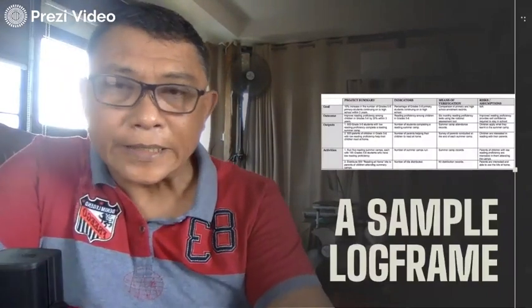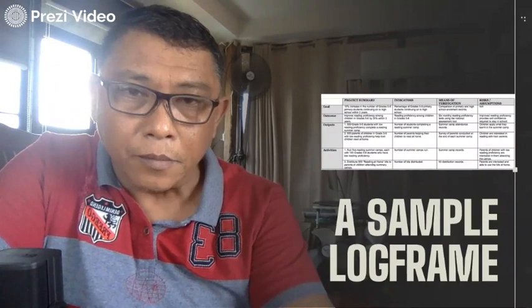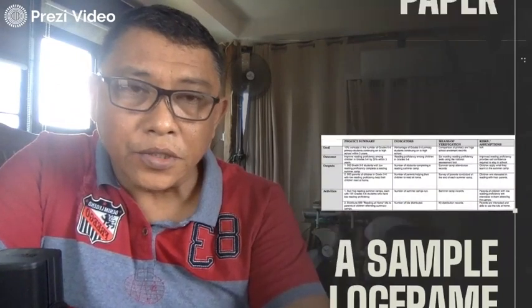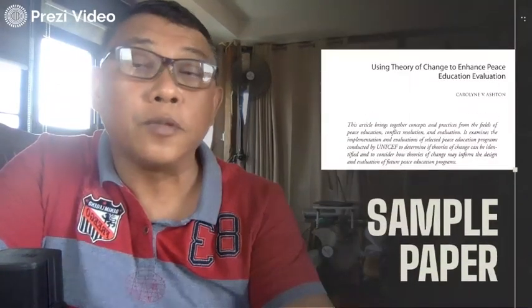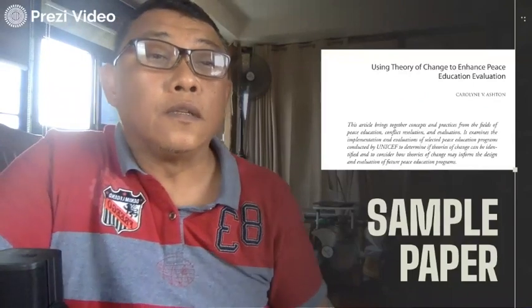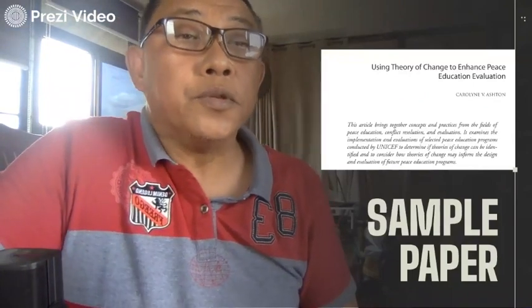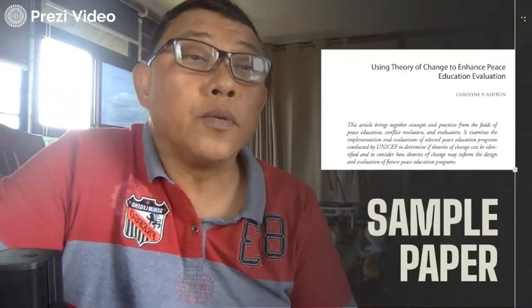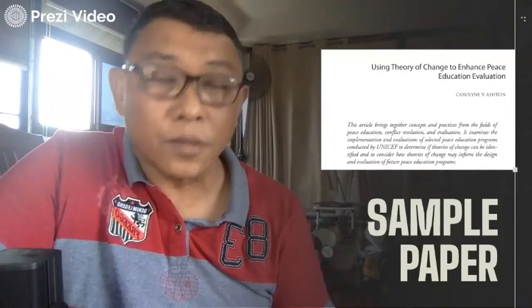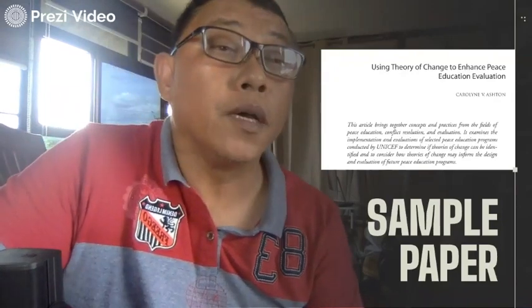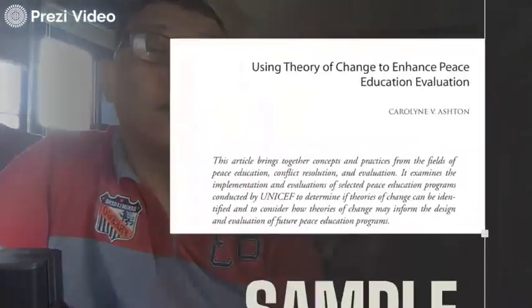Now, let's try to examine an actual published paper using a theory of change. Here's a sample paper. The title of the paper is Using the Theory of Change to Enhance Peace Education Evaluation. Right? So this is written by Carolyn Aston.